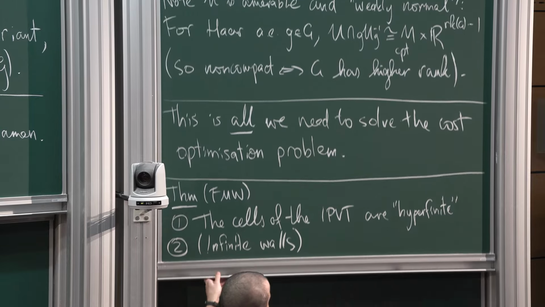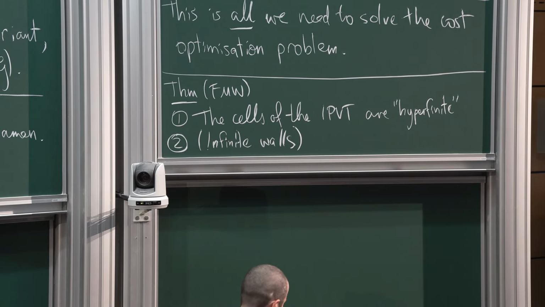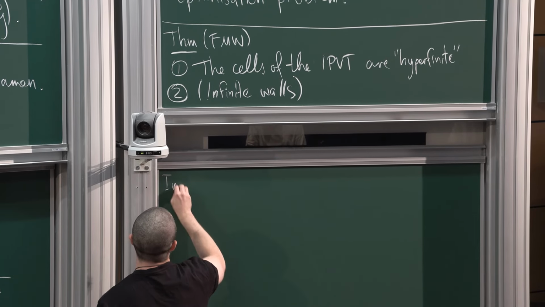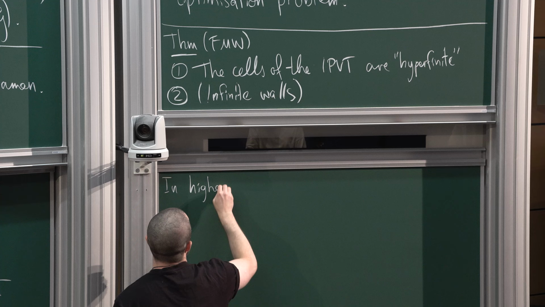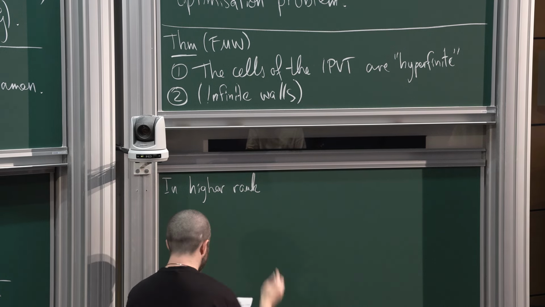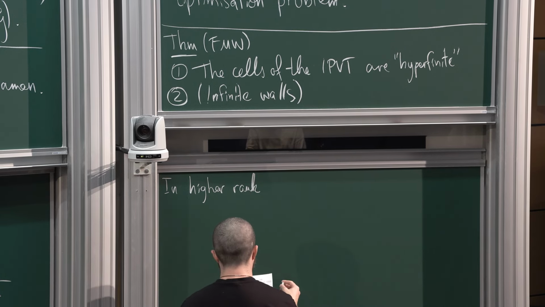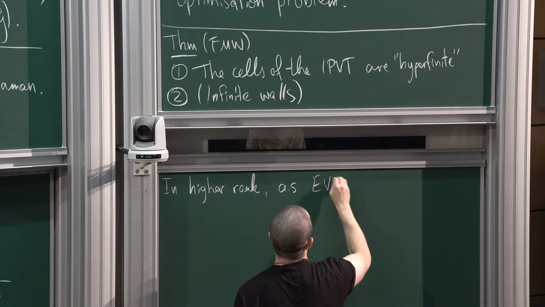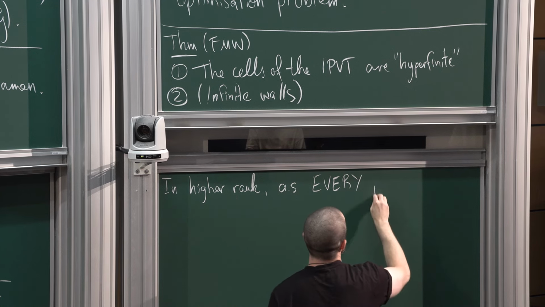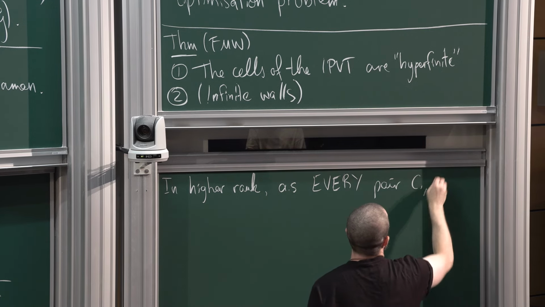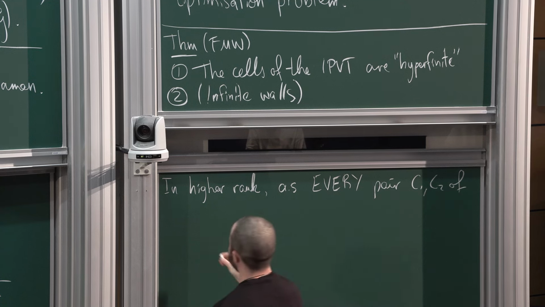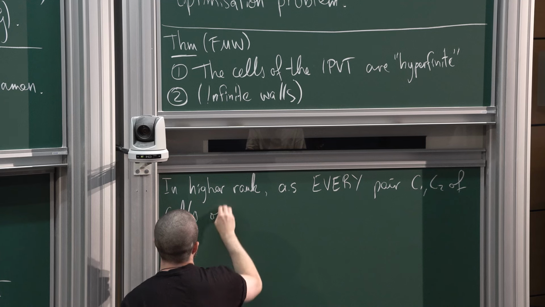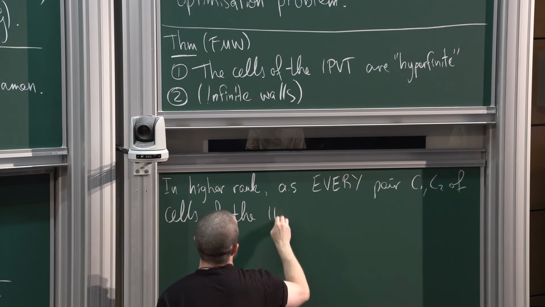I'll give you an informal description first. In higher rank, almost surely every pair C1, C2 of cells of the IPVT touch.